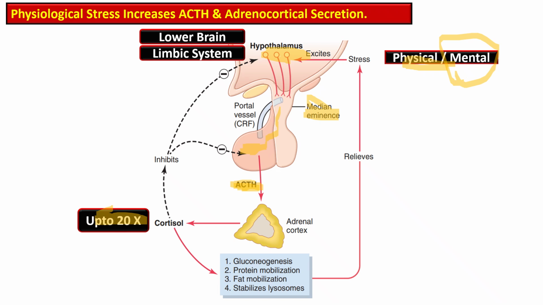So then cortisol is responsible for gluconeogenesis, protein mobilization, fat mobilization, and stabilization of the lysosomes. This stress pathway is activated within minutes, allowing the body to prepare for a fight or flight situation through cortisol's metabolic effect.